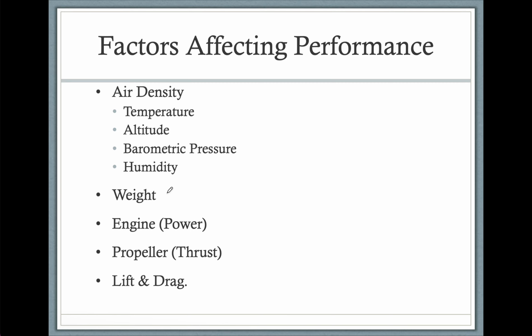So if you decrease takeoff performance, you're going to need more runway to take off because you're not going to accelerate as quickly. You won't be able to climb out as steeply. The heavier you are, you won't be able to cruise as quickly or go as high or go as far. So weight has a huge impact, obviously, on performance too.